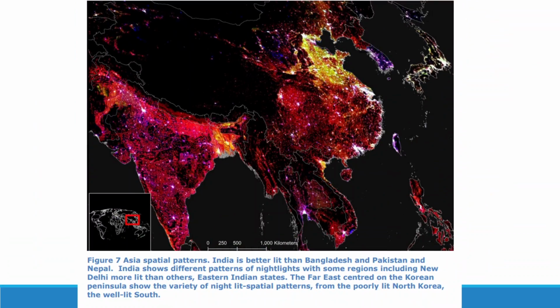In terms of Pakistan, the report points out that India is better lit than Bangladesh and Pakistan. Some regions, especially New Delhi and the northern areas of India, are also lit by white, and in Pakistan you see a lot of development along the Indus River. This is the situation in the world.